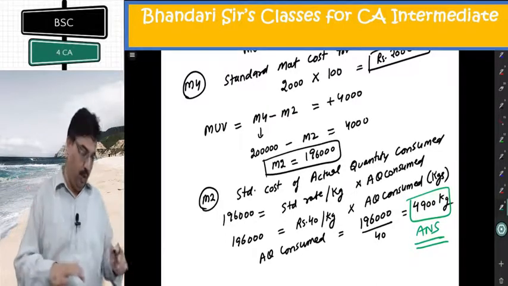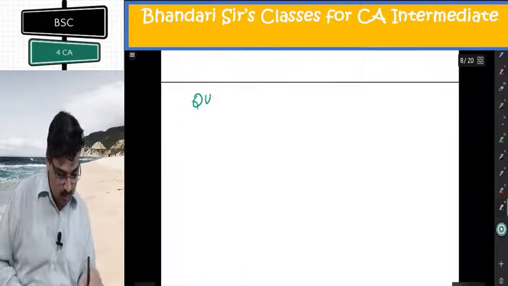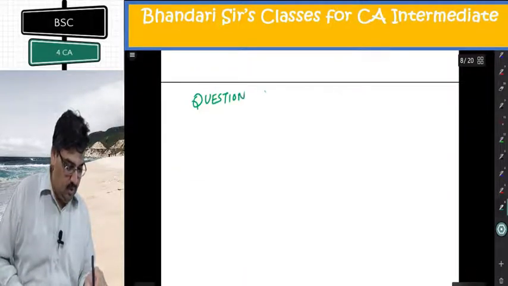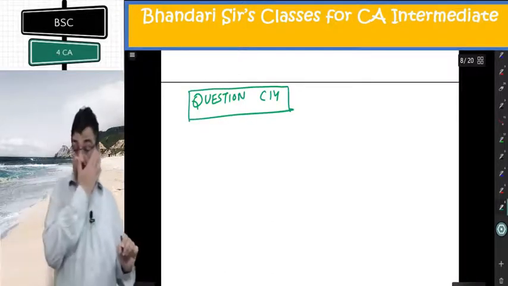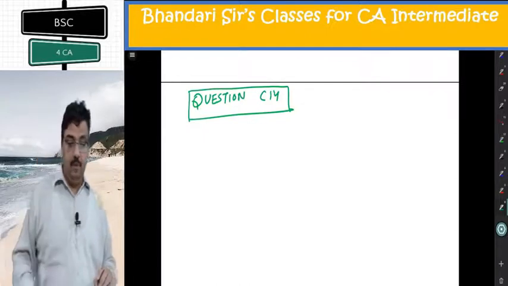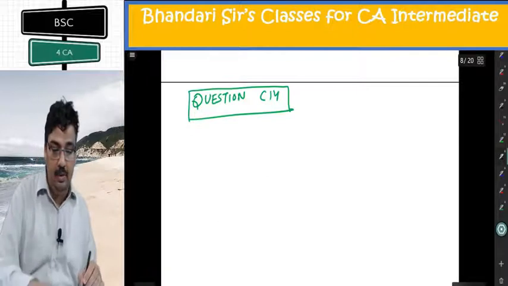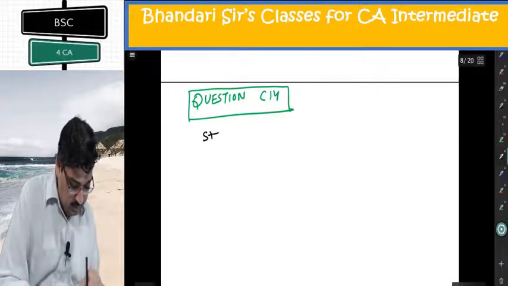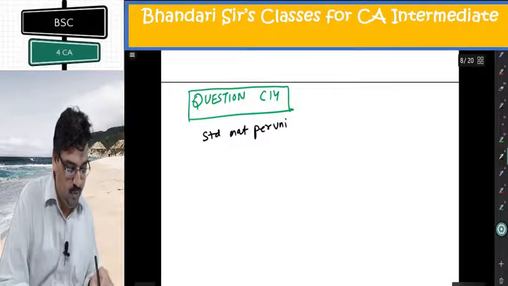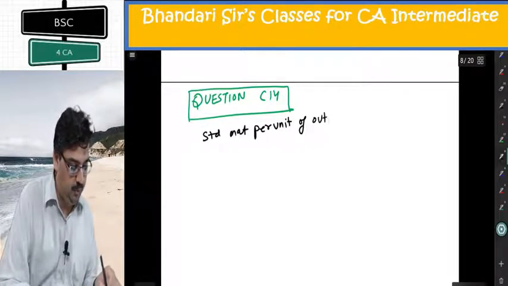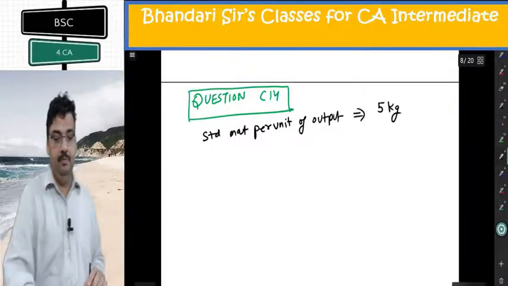Next one is C14. Again on missing figure, but is little better question than C13. Let us note the data which is given. Information given: standard material per unit of output 5 kg.